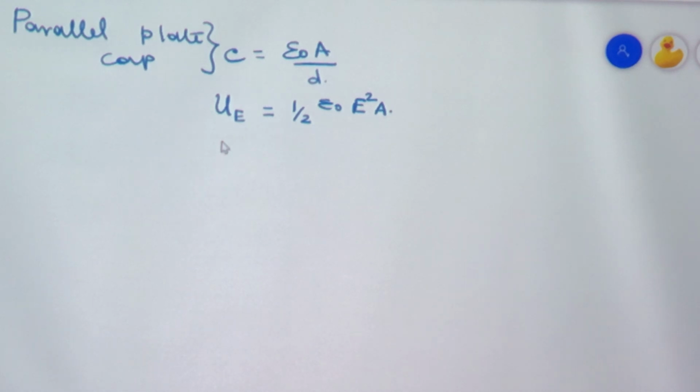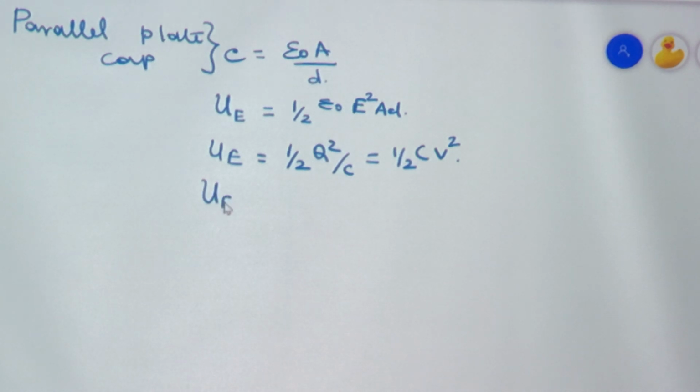At the same time, we have stated that A into d is the volume. Also we have considered the energy stored in the capacitor as U equal to 1 divided by 2 into Q square divided by C, which is equal to half into C into V square.